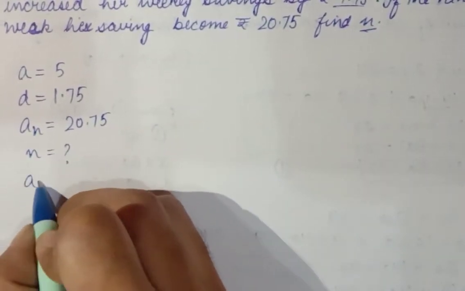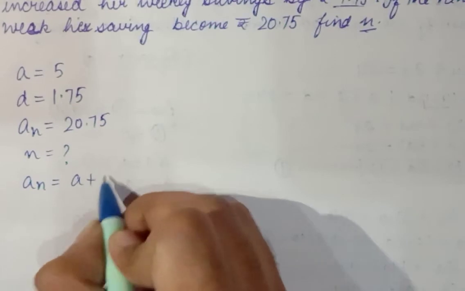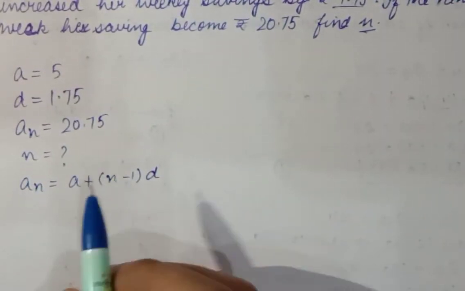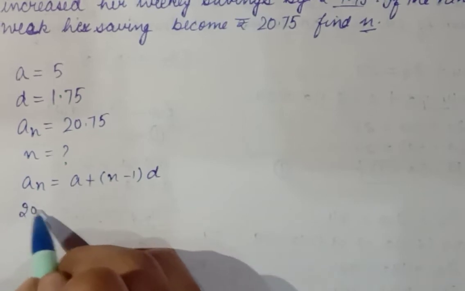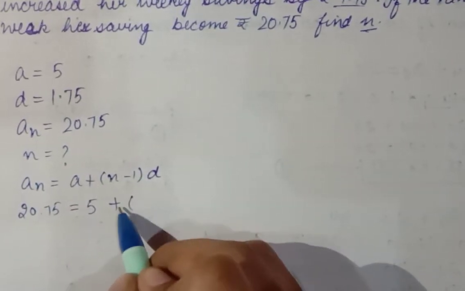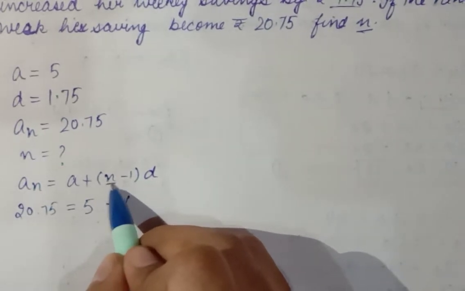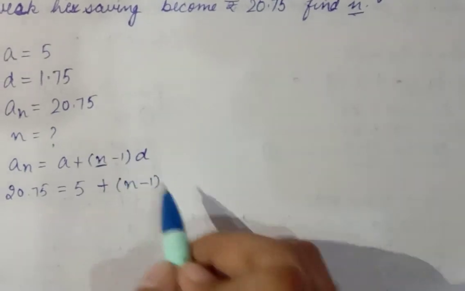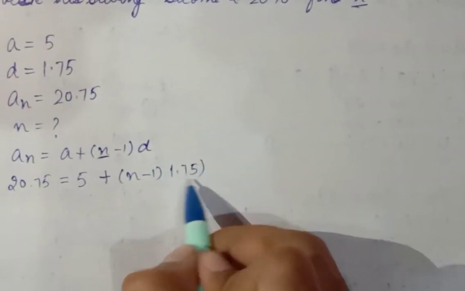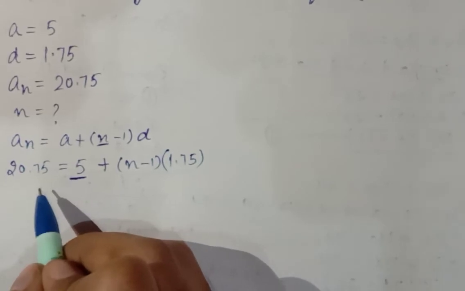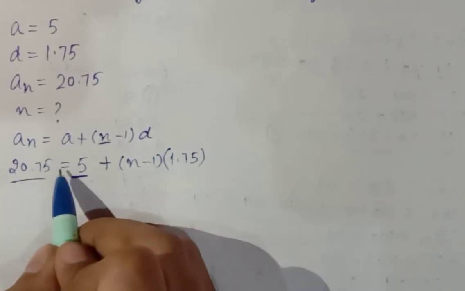By using the formula an is equal to a plus (n minus 1)d, we find value of n. An is 20.75, a is 5, value of n is to be found and so write it as it is, n minus 1, and d is 1.75. This plus 5 becomes minus 5 on the other side of equality.